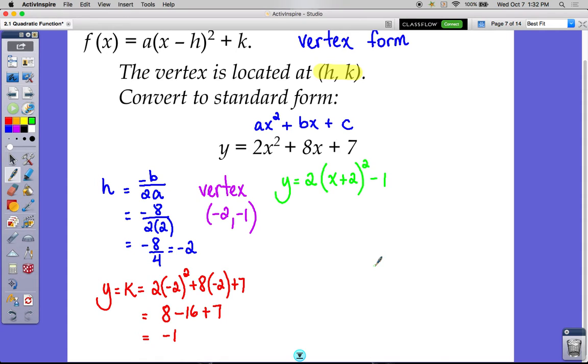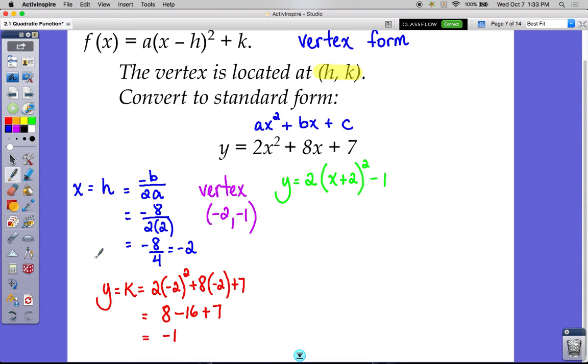But the green version here is a lot cleaner. So that is using the negative b over 2a to find h, the x for the vertex, and then find the y value for the vertex, which is k. Then I know my vertex, I know my a value, I can just plug it into the function.